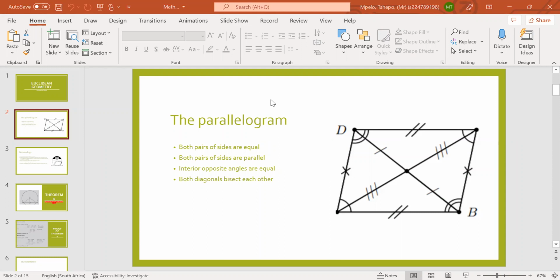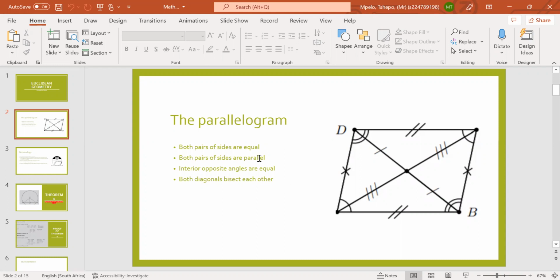By so saying, I'm trying to say to you, this line is equal to this line, and this line is equal to this line. That means the two pairs of lines are equal. Hence, we are saying both pairs of sides are equal in a parallelogram.